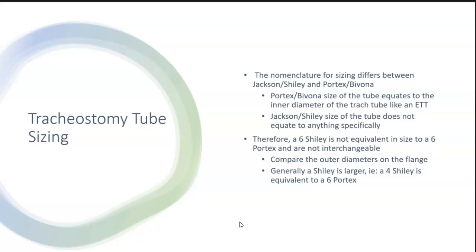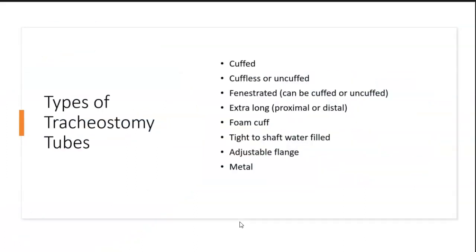In general, Shileys are typically larger. So like a 4 Shiley is going to be equivalent to a 6 Portex. And then I talked about in lab how they can come cuffed, cuffless or uncuffed, or fenestrated. That means there's that little hole in the top of the outer cannula. These can be cuffed or uncuffed.